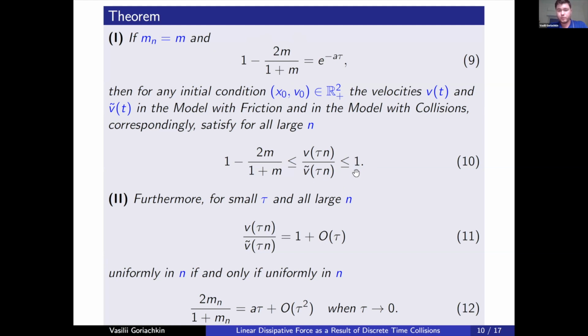Of course this velocity is bounded by 1, and the lower bound is 1 minus 2m over 1 plus m.